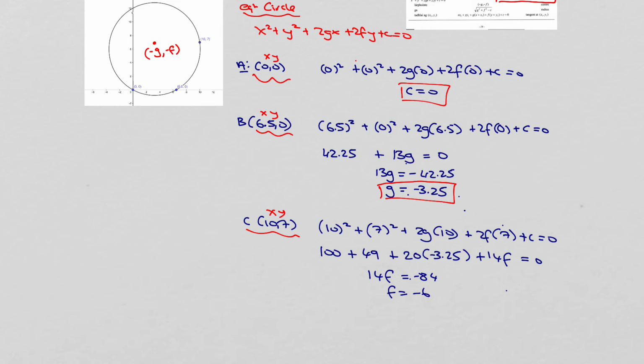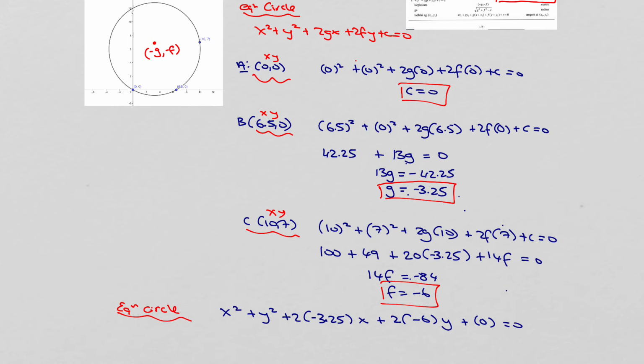So now all I have to do is go back and sub it into the equation of the circle for g, f and c. And therefore I have x squared plus y squared plus 2 times g x plus 2 times f y plus c, which is 0, is equal to 0.